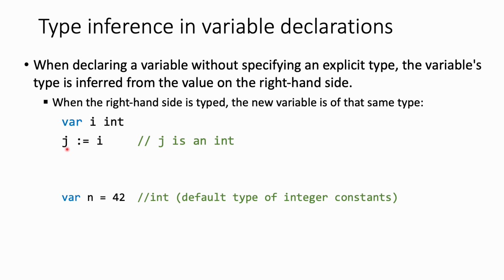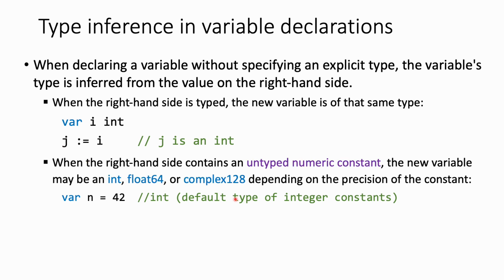When the right hand side of the declaration is typed, the new variable is of that same type. For example, suppose a variable i has been declared to be of type int. Then the short variable declaration j := i will make variable j to be of type int as well.